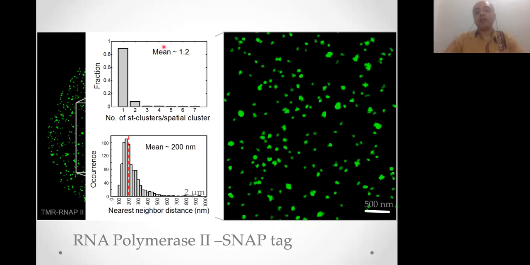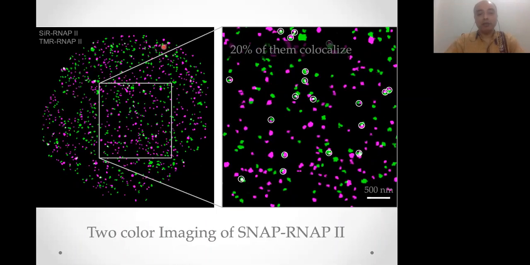But the immunofluorescence images definitely did not comprise transcription factories. They were just a larger conglomeration of RNA polymerases, which, because of the limited resolution, were visualized as so-called clusters.